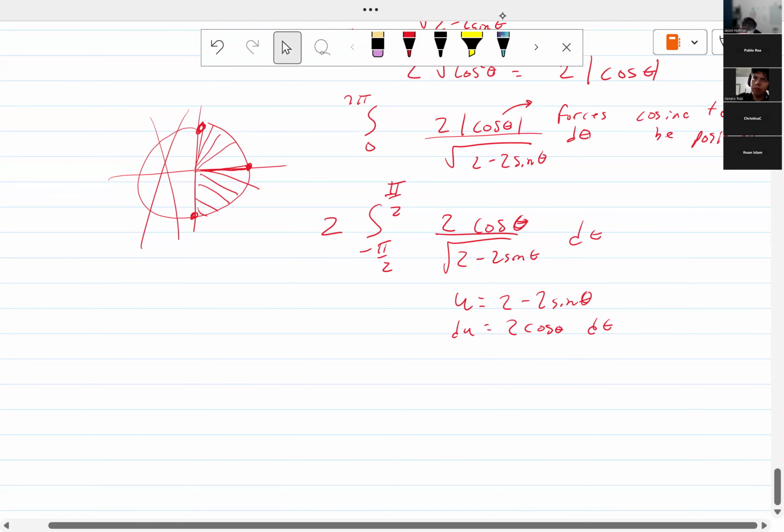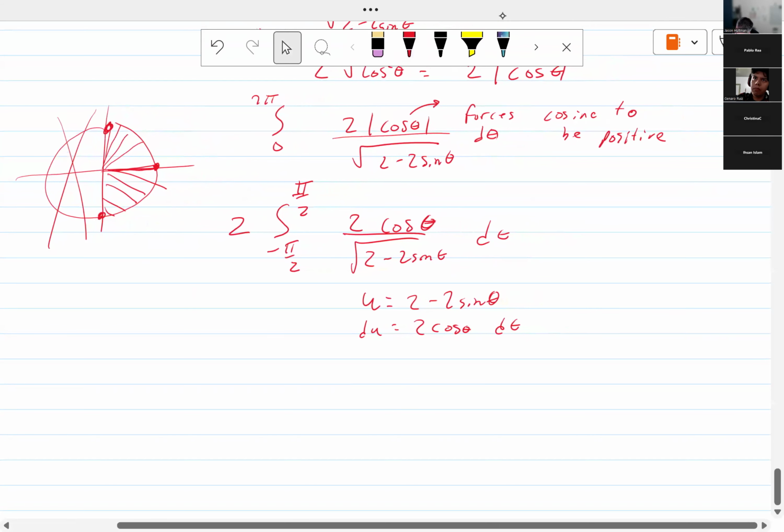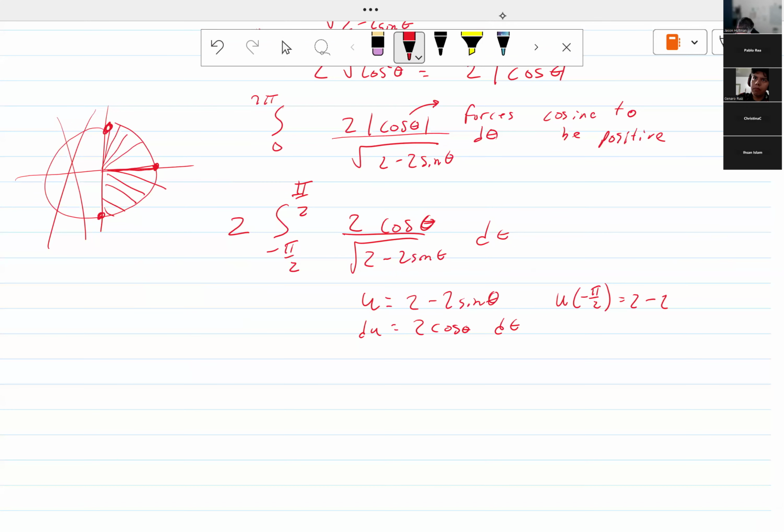Okay. So this is going to become 2. Change my limits of integration. Let's look at my limits of integration real quick. u of negative pi over 2 is going to be equal to 2 minus 2 times the sine of negative pi over 2. That's 3 pi over 2, whose sine value is negative 1.